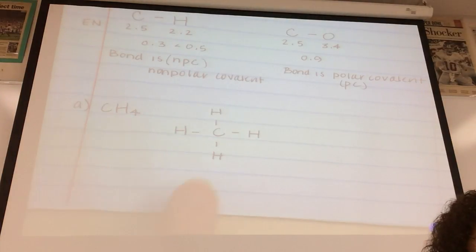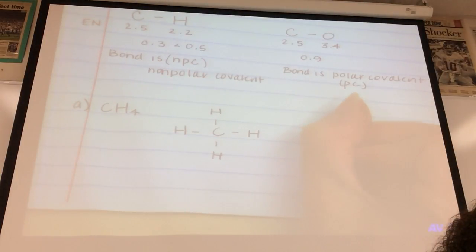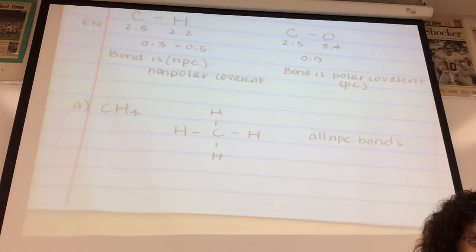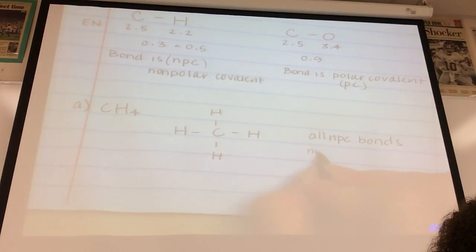We showed previously that C to H bonds are nonpolar. So we have all nonpolar covalent bonds, and we have no lone pairs on the central atom.